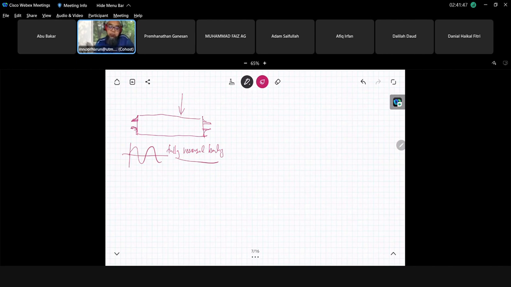Soalan kedua, kita ada fillet Kf, so you have to calculate the Kf and how to use the graph.